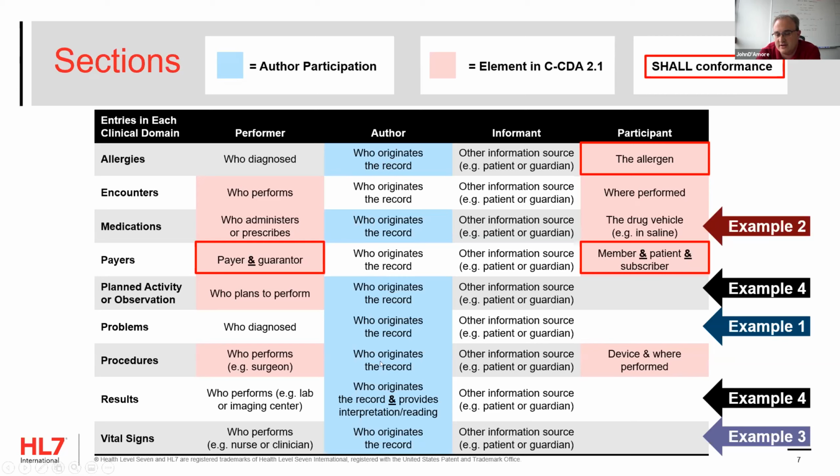So that's in all the sections. The only addition to that is you can also use author within results to have a slightly different meaning, which is, for example, when somebody is providing an interpretation for a radiology, like a commentary interpretation for what they see in imaging of an echo or a CT scan, an MRI, et cetera.